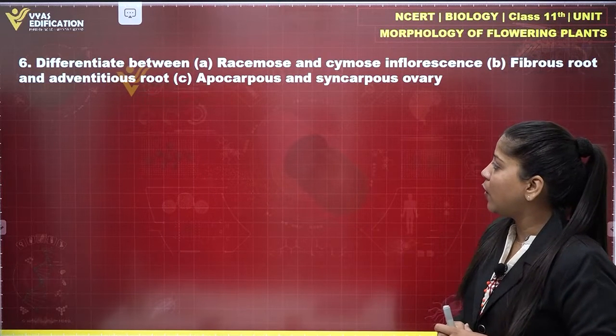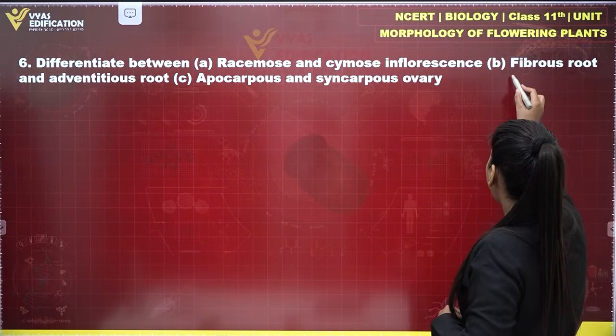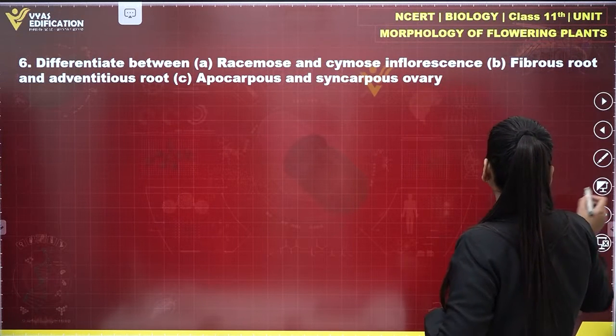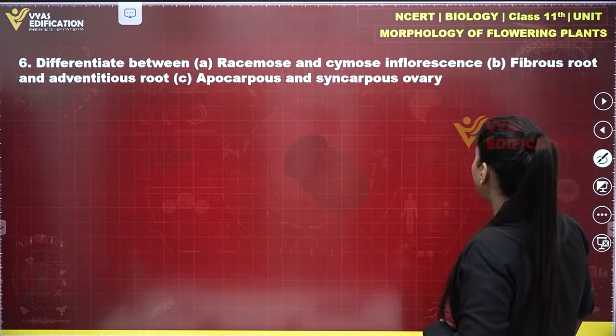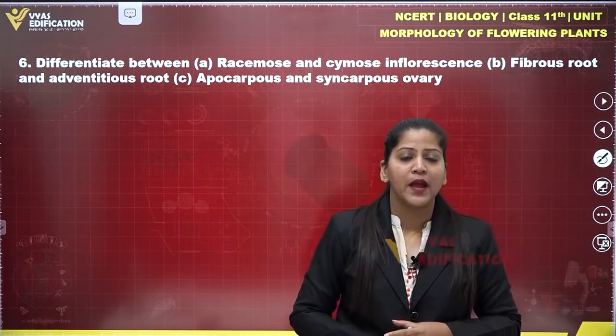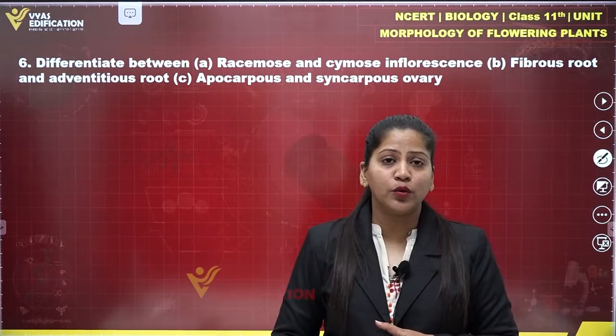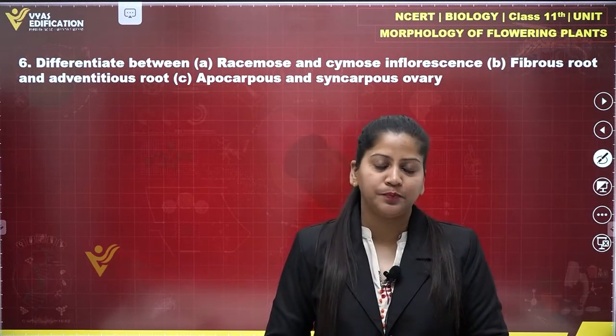Now if we talk about the differences between fibrous root and adventitious root, we have to differentiate between these two. If we talk about the fibrous root, then this kind of root is found in monocot plants.